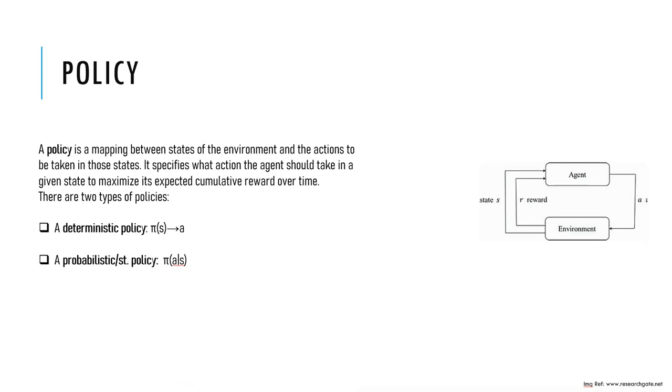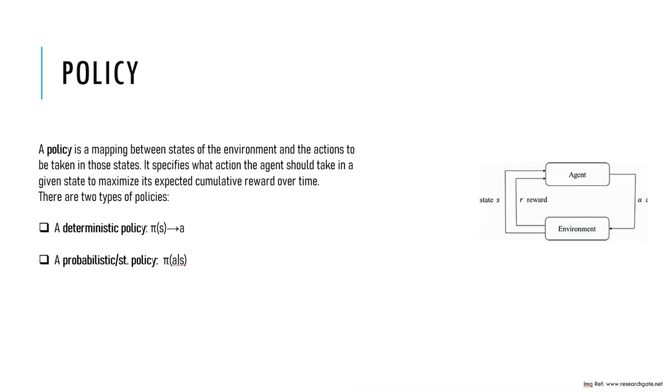Now a deterministic policy maps each state to a single action. In other words, for a given state, the policy specifies exactly which action the agent should take. For example, a deterministic policy for a game of chess might specify that in a certain board position, the agent should always move its bishop to a certain square.